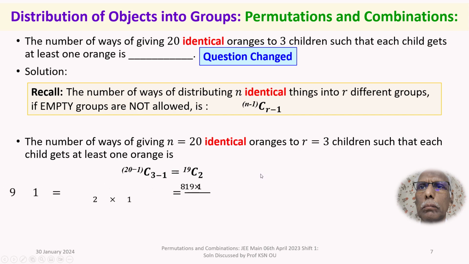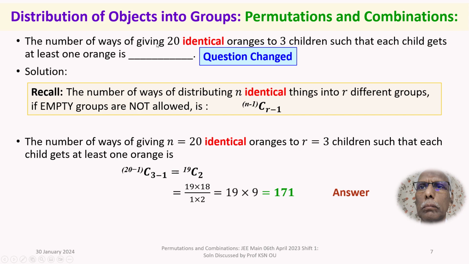When you simplify, 19C2 is 19 into 18 by 1 into 2. That is the same as 19 into 9. When multiplied, you will get 171. That's our answer. But this is the answer to the question where 20 identical oranges are given, not the 20 different oranges in the given question.